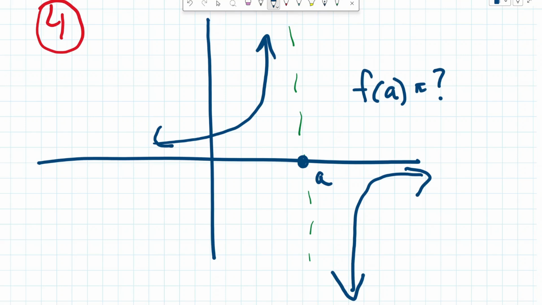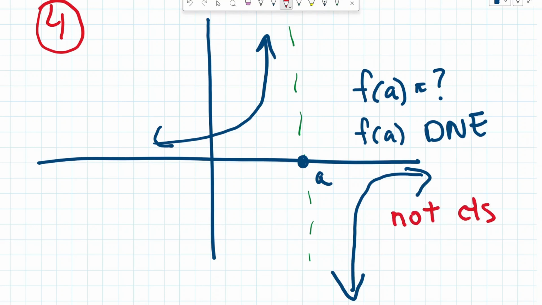So that means that f of a doesn't even exist. So if f of a doesn't exist, then there is no possibility of this function being continuous at a. So that means that this one is not continuous at a because f of a does not exist.